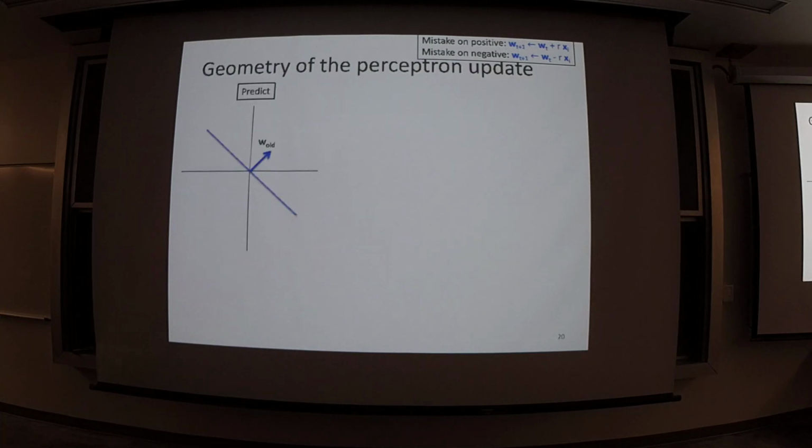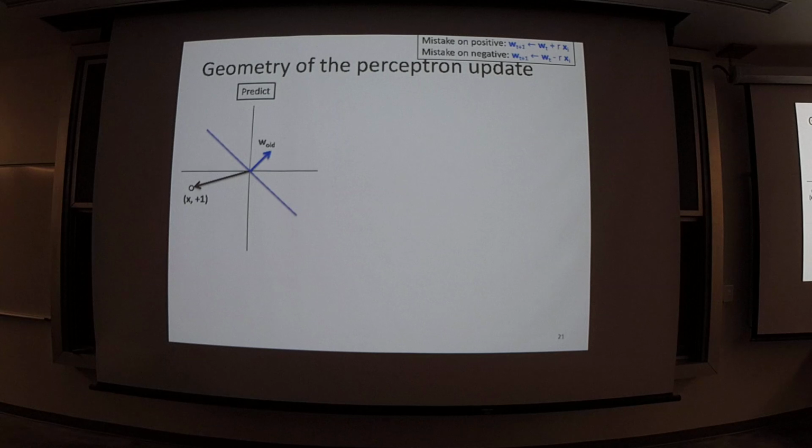So now let us look at the geometry of the perceptron update. Suppose this is our old weight vector before we perform any update. Now we have a positive example x, which is labeled as +1.